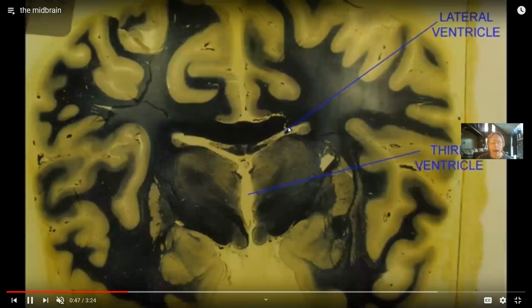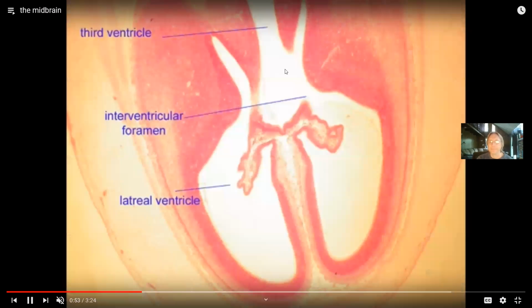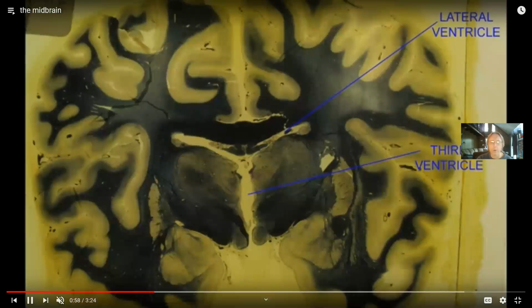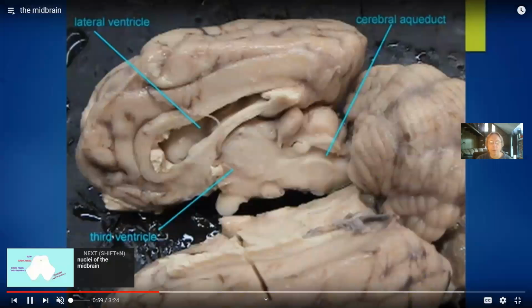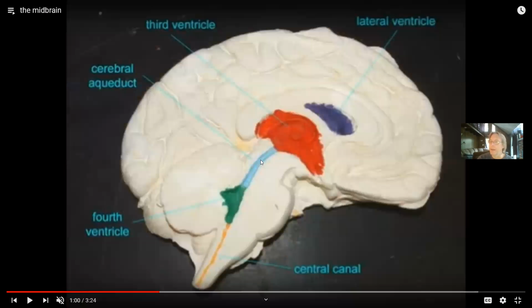And so here's the lateral ventricles, the 3rd ventricle, and then from the 3rd ventricle, cerebrospinal fluid would then pass through the cerebral aqueduct, which was there in aqua, which goes through the midbrain. So the midbrain has this tube through which cerebrospinal fluid passes.